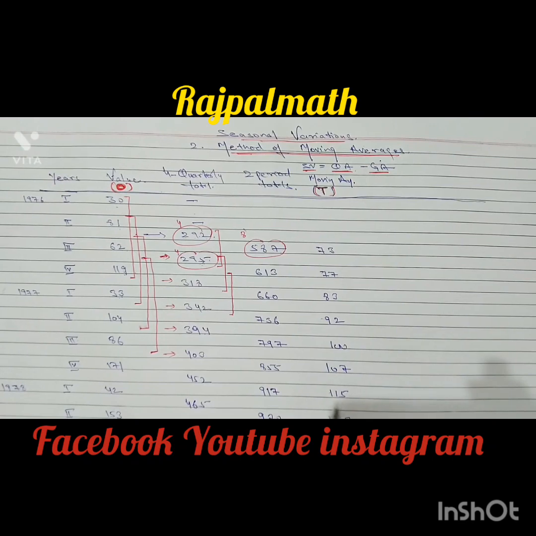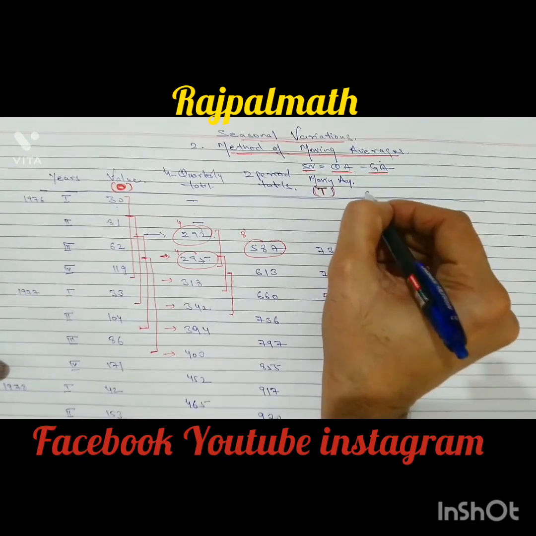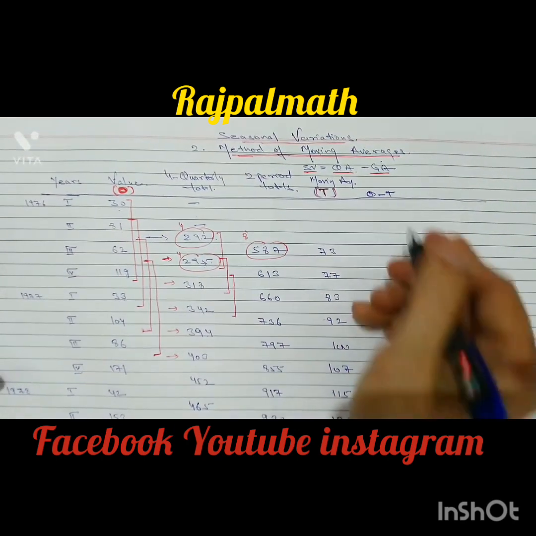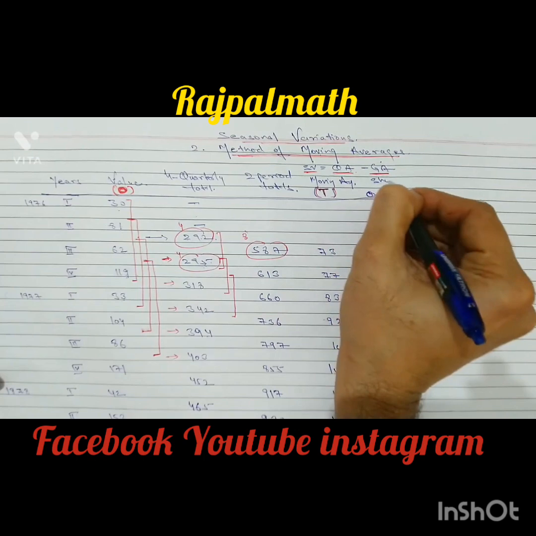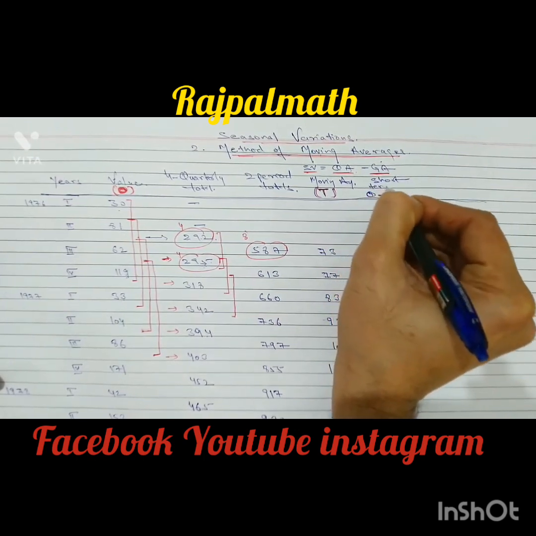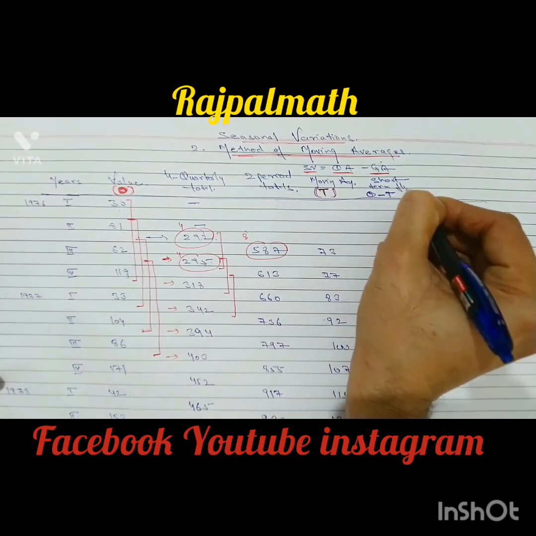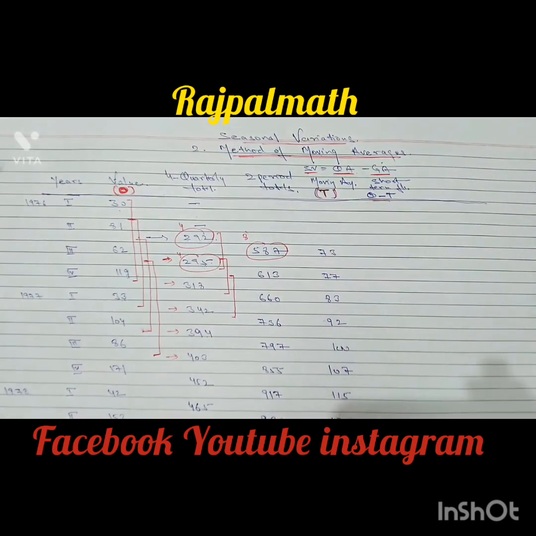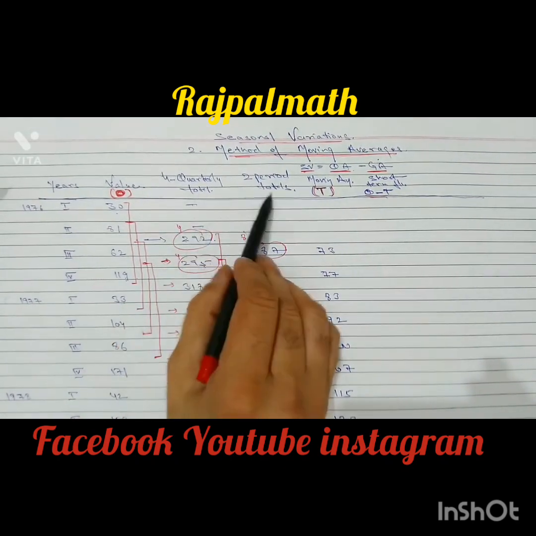Now next step is O minus T, called short term fluctuations. You can't skip these steps.